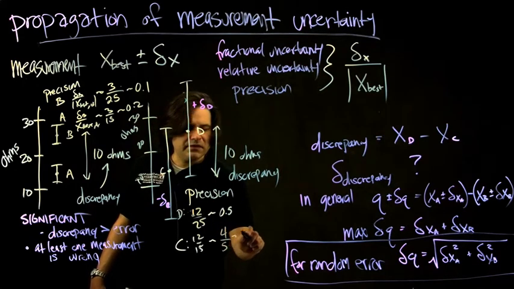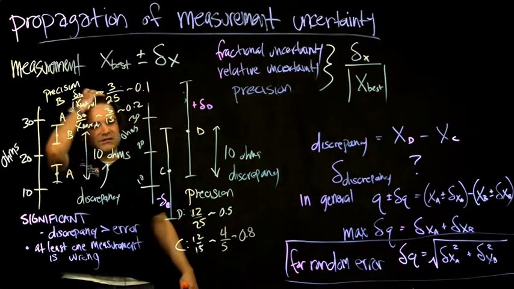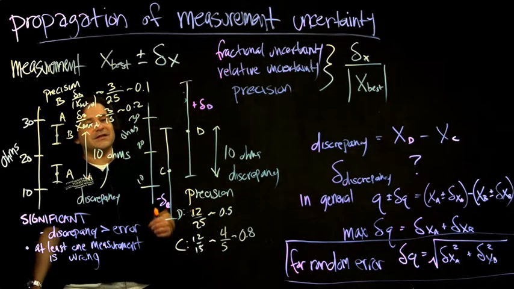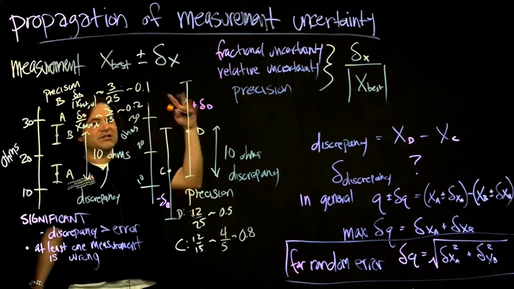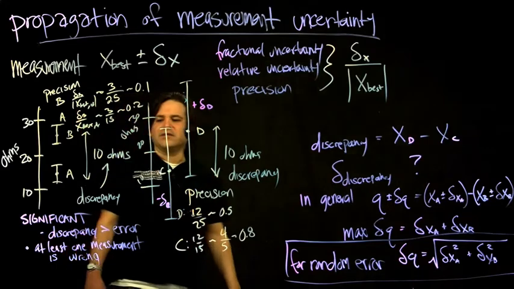So 80% error, which is huge, which makes these measurements very inconclusive. It's still an example of insignificant discrepancy, but it's a very imprecise number and it's inconclusive.